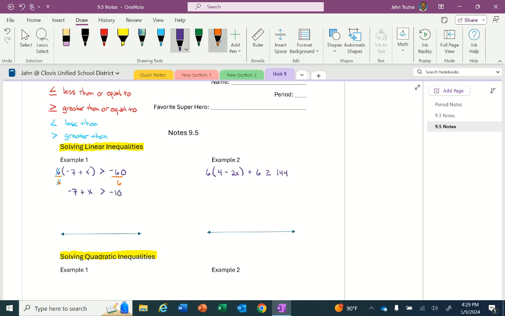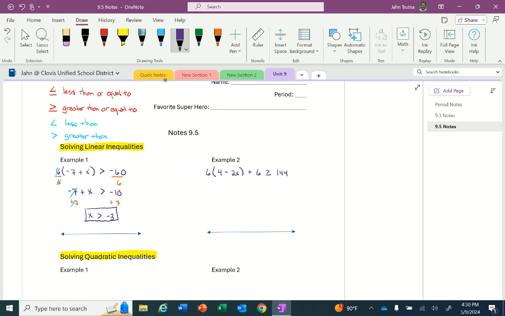All right, my next step would be to add 7 to both sides of the equation. That would cancel out the 7's, and that would leave me with my solution, which would be x is greater than -10 plus 7 is -3. All right, and so that right there is my solution to the equation.